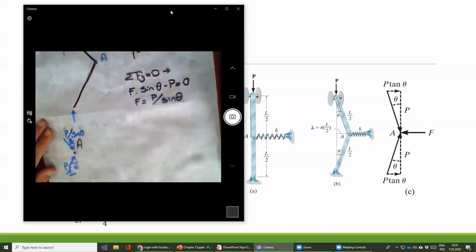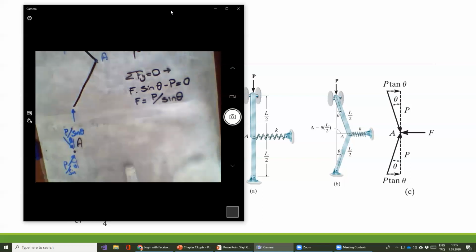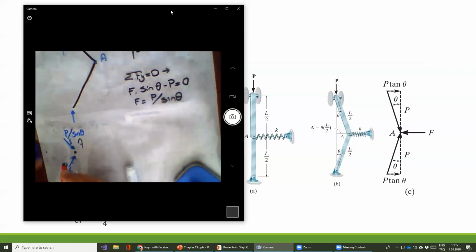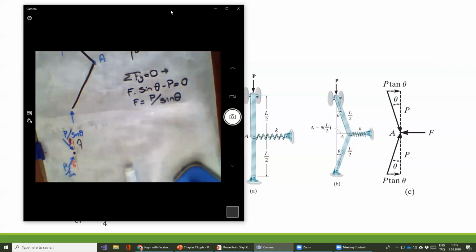I think I can use a different color for theta. This is theta, this is theta here. Is there one more additional force?